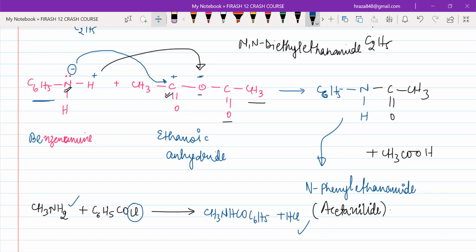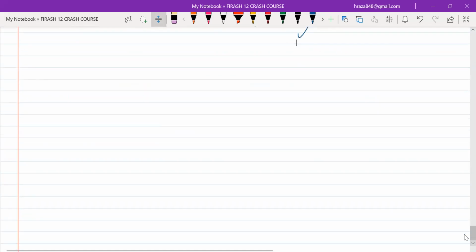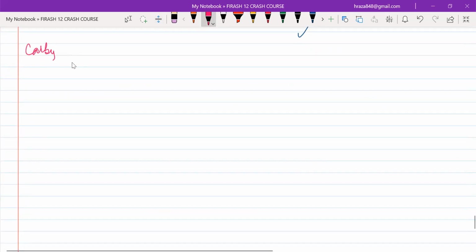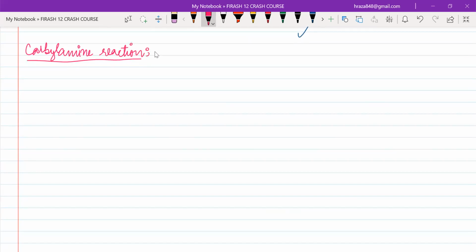Now the next reaction is the carbylamine reaction. So see, this is your carbylamine reaction, in which basically we do the isocyanide test.